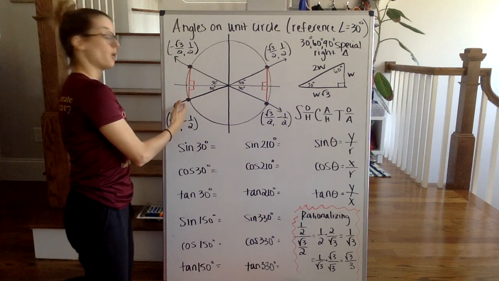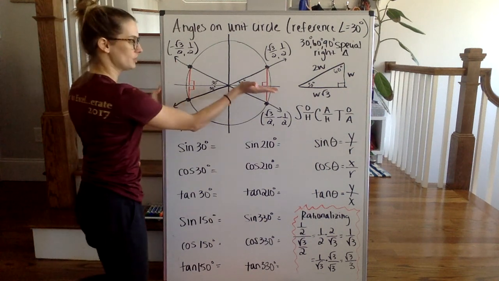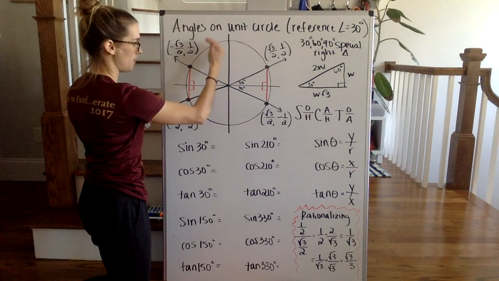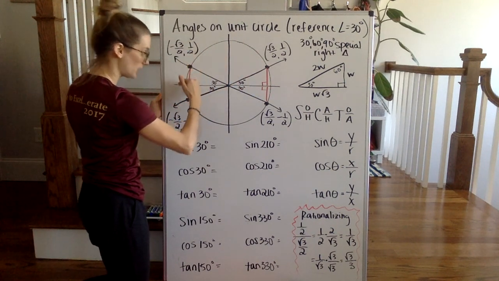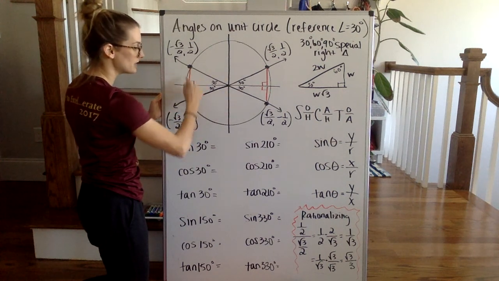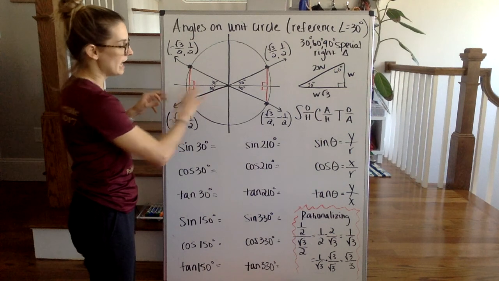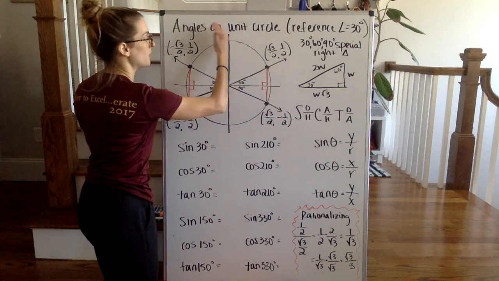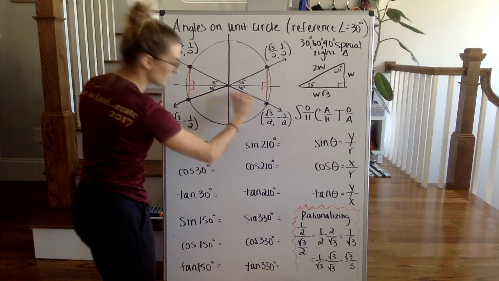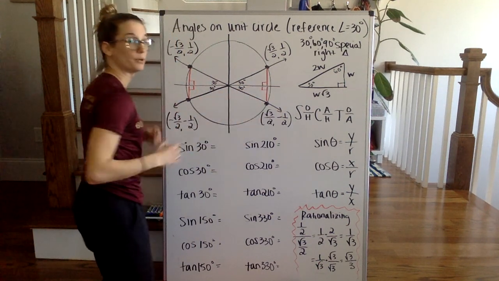Let's move into quadrant 3, our next related angle, our next bow tie angle. Starting at the initial side, rotating in a positive direction to here, that's going to be 180 degrees plus 30. That's a 210 degree angle, a reflex angle in quadrant 3. And finally, in quadrant 4, starting at the initial side, rotating in a positive direction all the way around to this terminal side, that's 330 degrees of rotation.